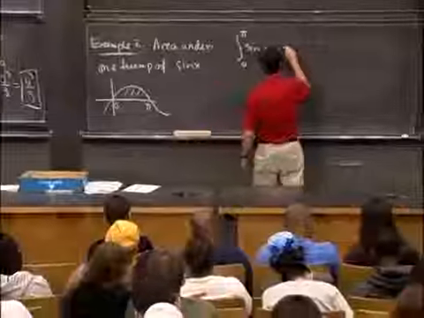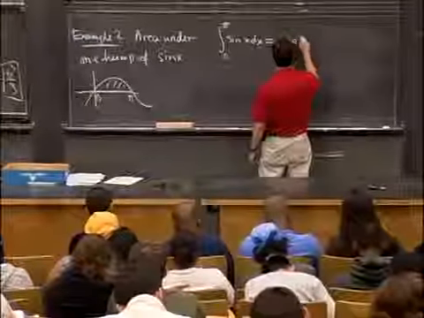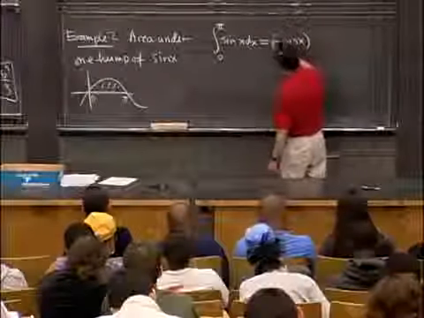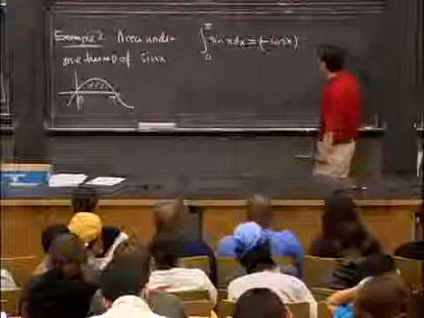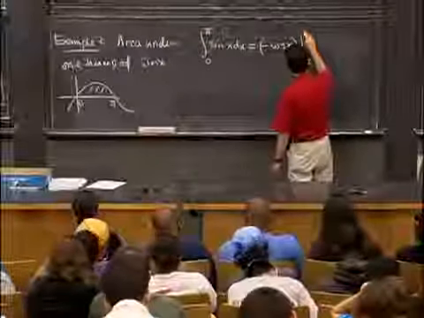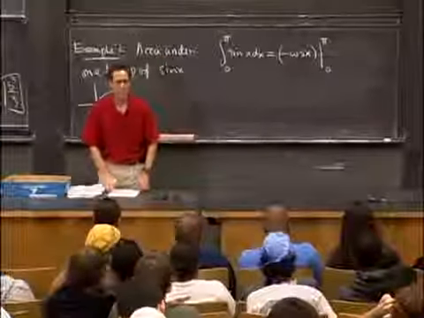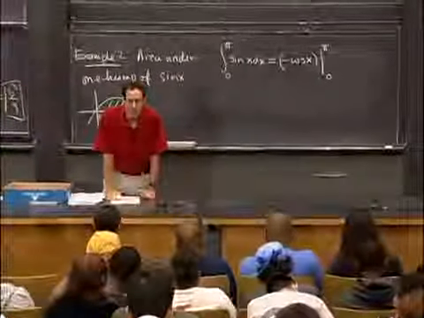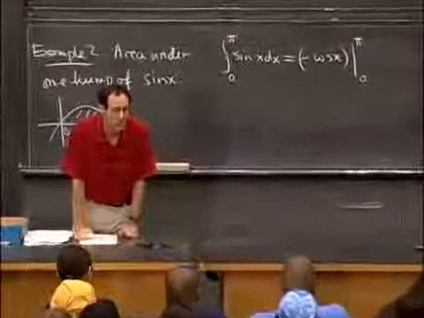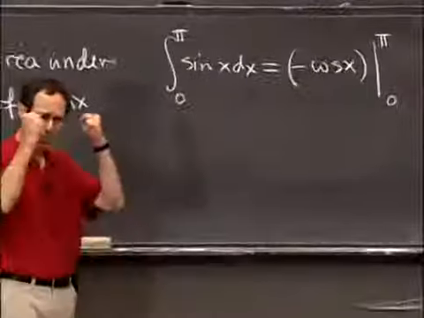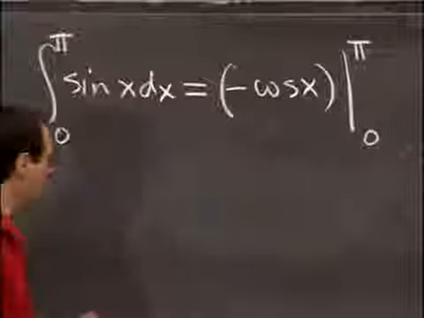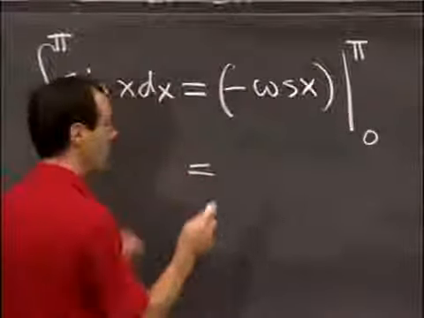And so I need to take the antiderivative of that, and that's minus cosine x. That's the thing whose derivative is sine x, evaluating it at 0 and pi. Now, let's do this one carefully, because this is where I see a lot of arithmetic mistakes, even though this is the easy part of the problem. It's hard to pay attention and plug in the right numbers. And so let's just pay very close attention.